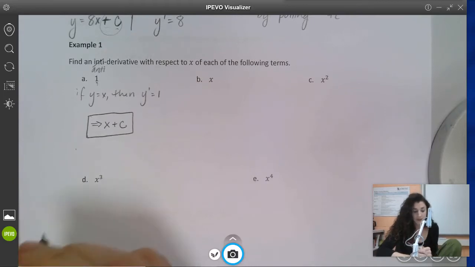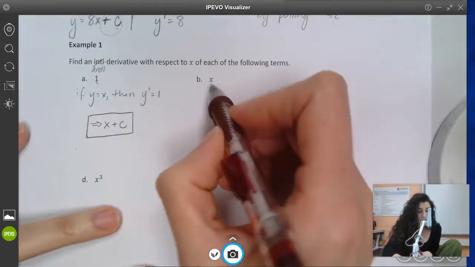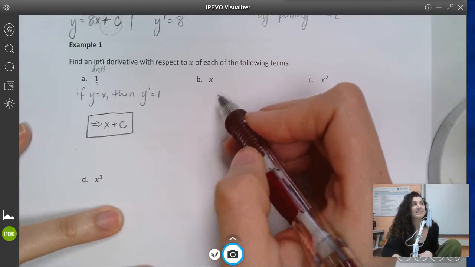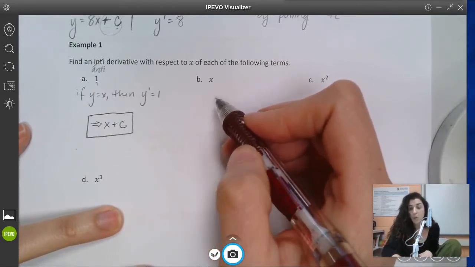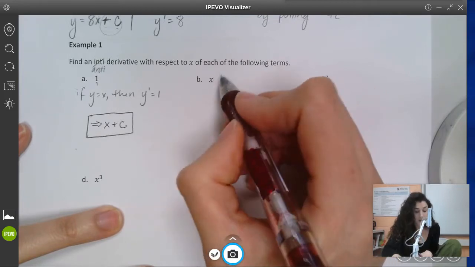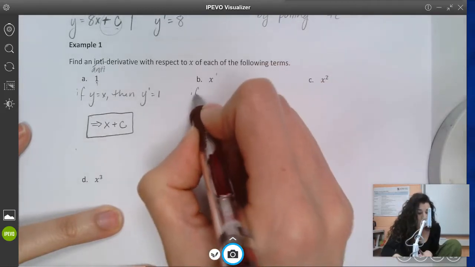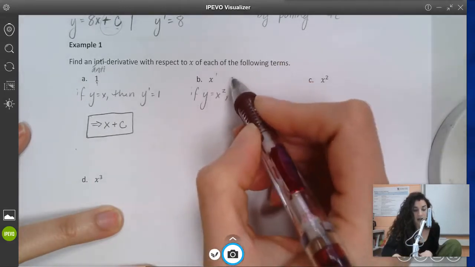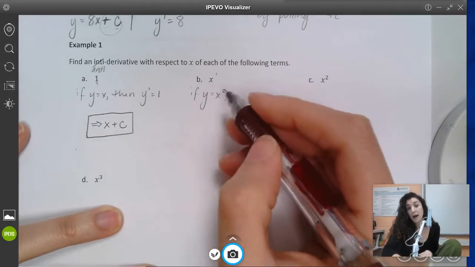By putting that plus c at the end. Okay. So when we're finding the derivative, we tend to go down 1 power in our exponent, right? And so if this is an exponent of 1, we would assume that if y equaled x squared, then we would get down to a power of 1.